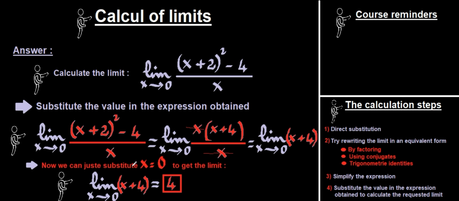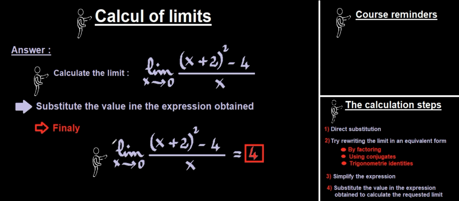And we can just substitute the value x equals 0 in the expression x plus 4 to get the limit 4. Finally, the limit as x approaches 0 of the expression x plus 2 squared minus 4 divided by x is equal to 4.